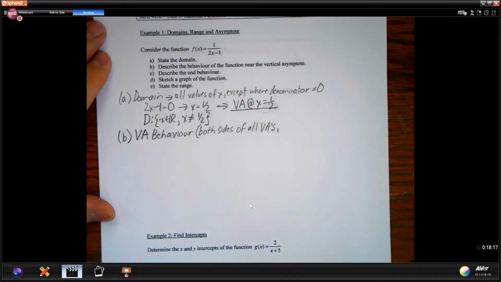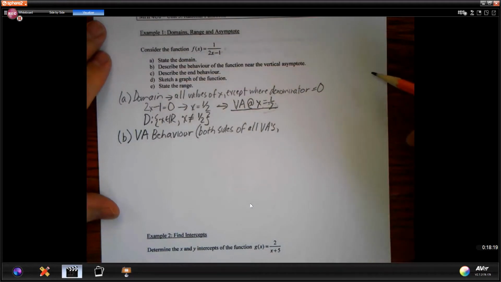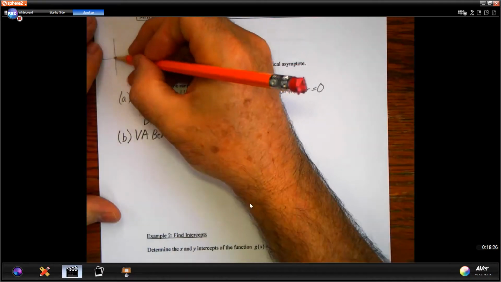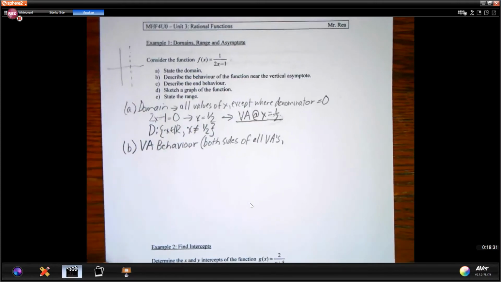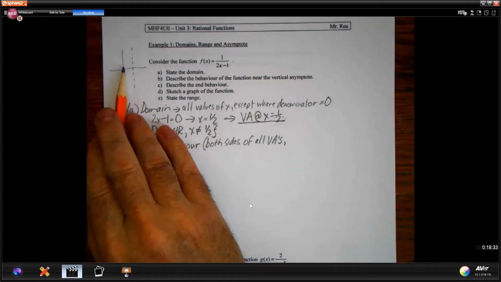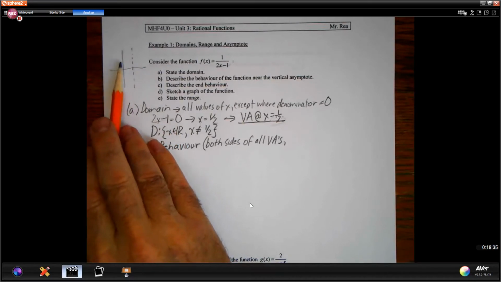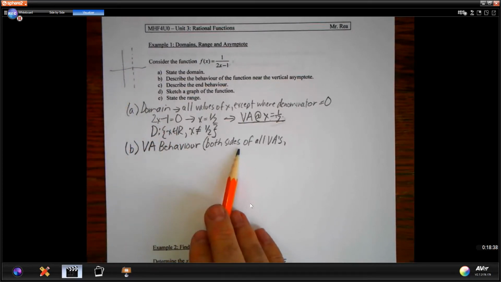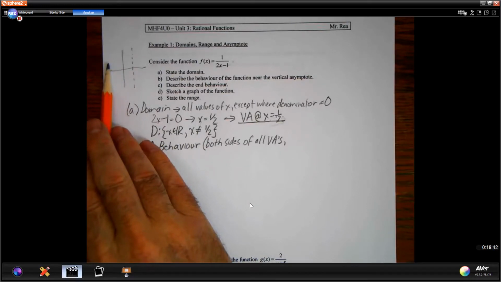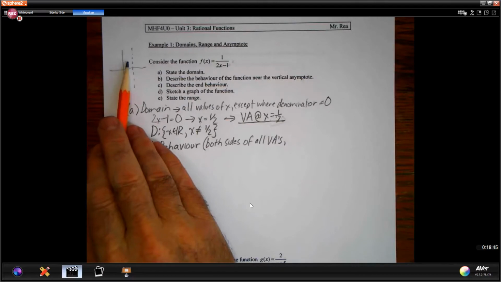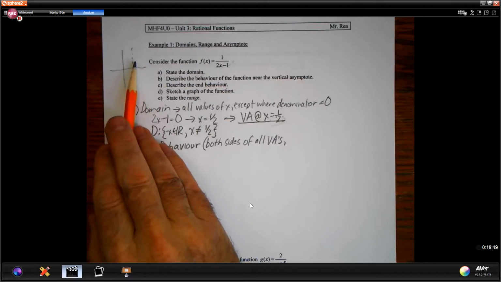And what we're looking at here is, if you were to imagine, I'll maybe just do a sketch over here. If you had a vertical asymptote here, okay, this is not applying to this question, but what the vertical asymptote behavior is saying is what happens as our function comes closer and closer to the vertical asymptote from the left side and from the right side.